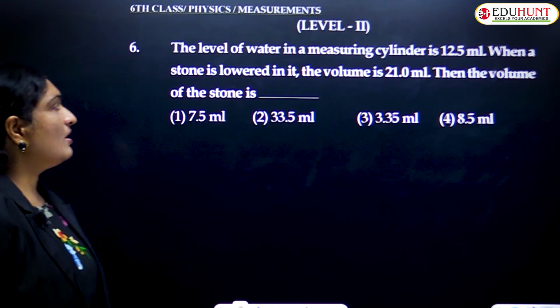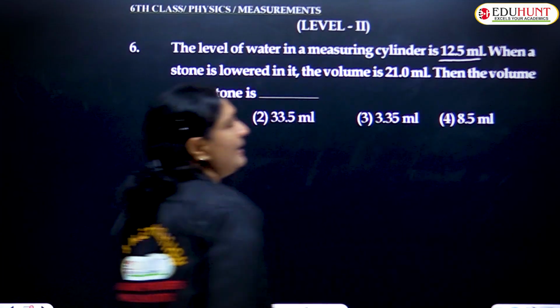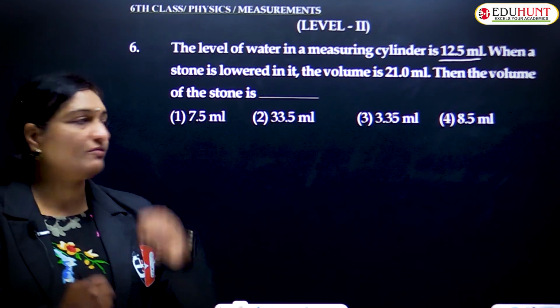Next, the level of water in a measuring cylinder is given to be 12.5 millilitres.